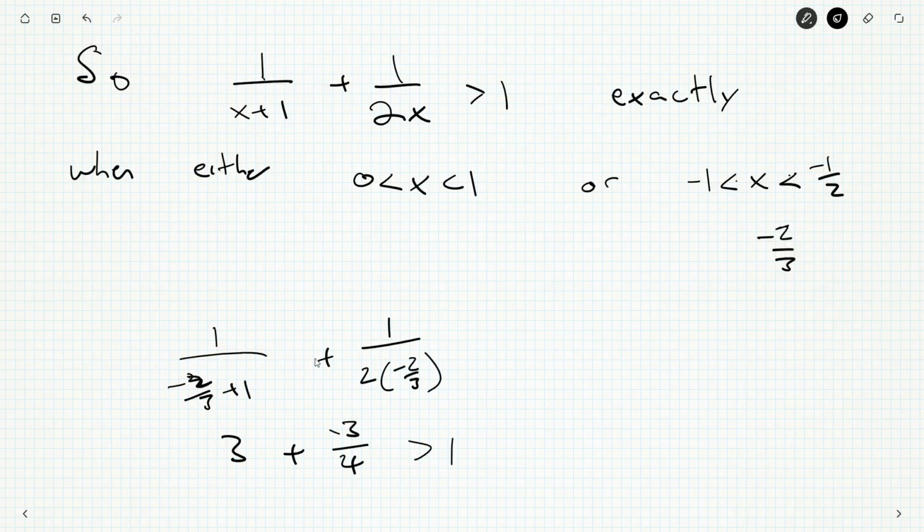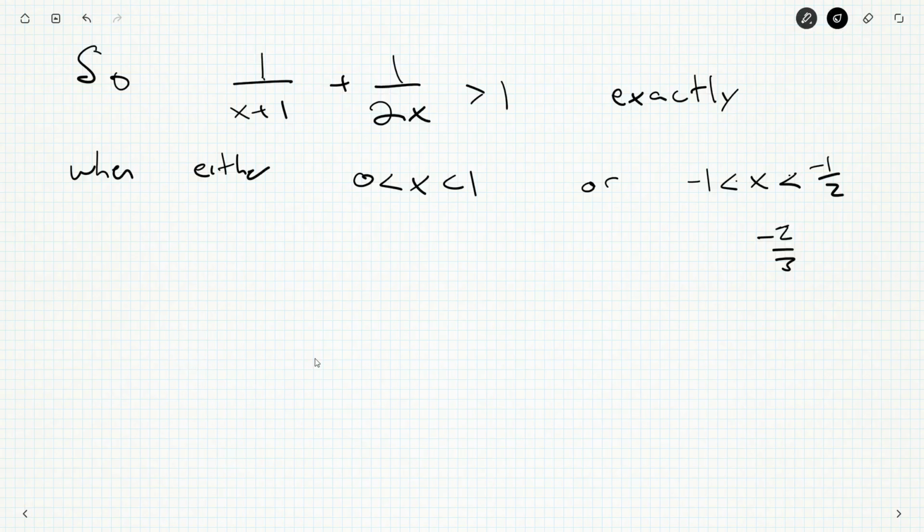That's definitely greater than 1. And we could check a value in this range, say, a half. You're going to get 2 over 3 plus 1, and that's definitely greater than 1. So I'm inclined to be confident in these ranges here.